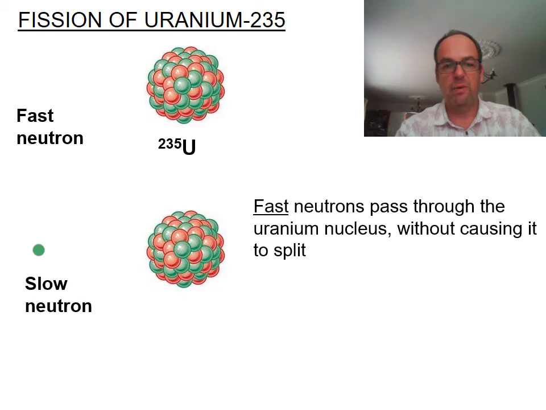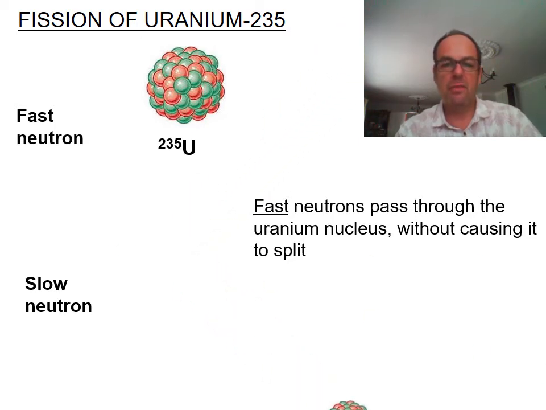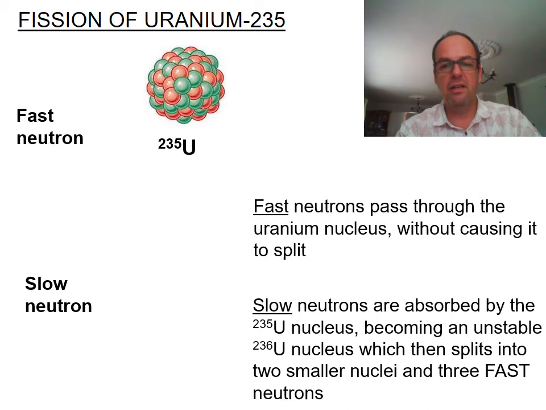However, if we have a slow-moving neutron, it's moving slow enough that it gets captured by the uranium, and just before it splits, it forms an unstable nucleus of uranium-236, which then splits in half.